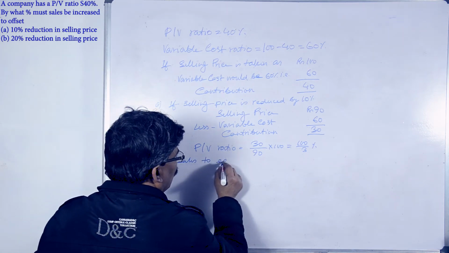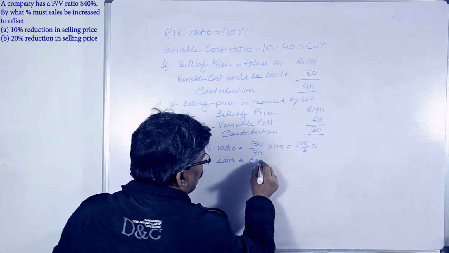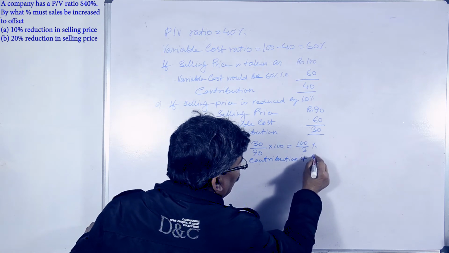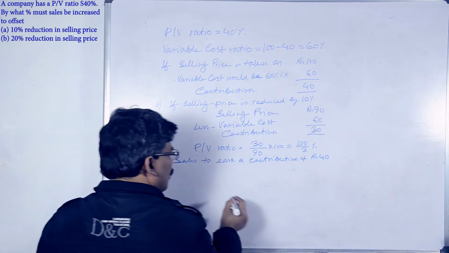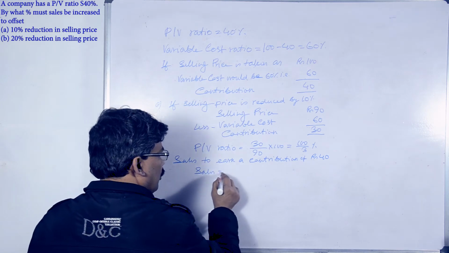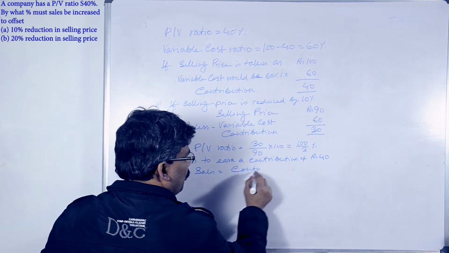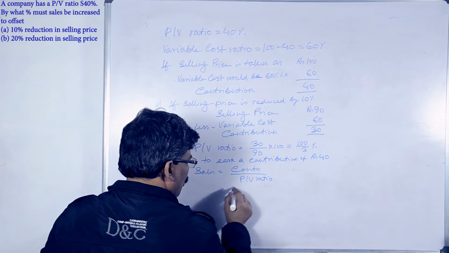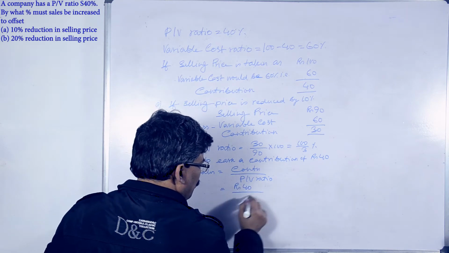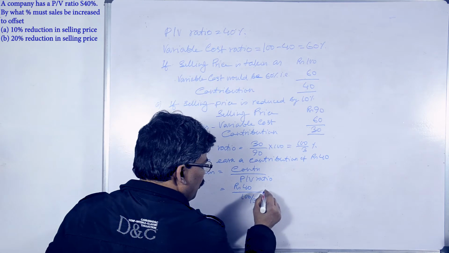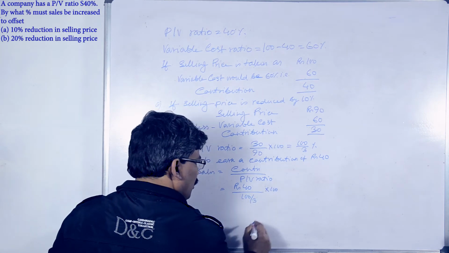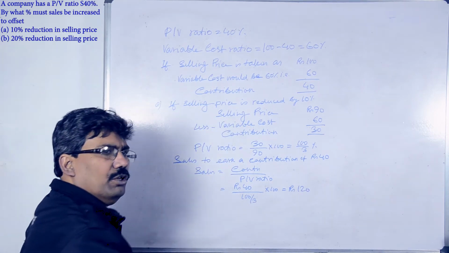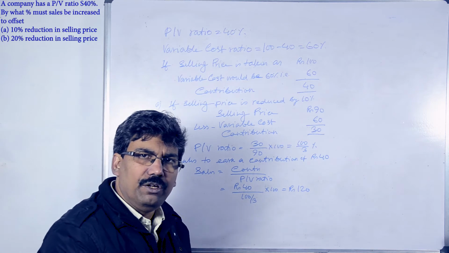Sales to earn a contribution of rupees 40 equals contribution divided by PV ratio. Contribution is rupees 40, PV ratio is 100 by 3%, means into 100. It is coming 120.